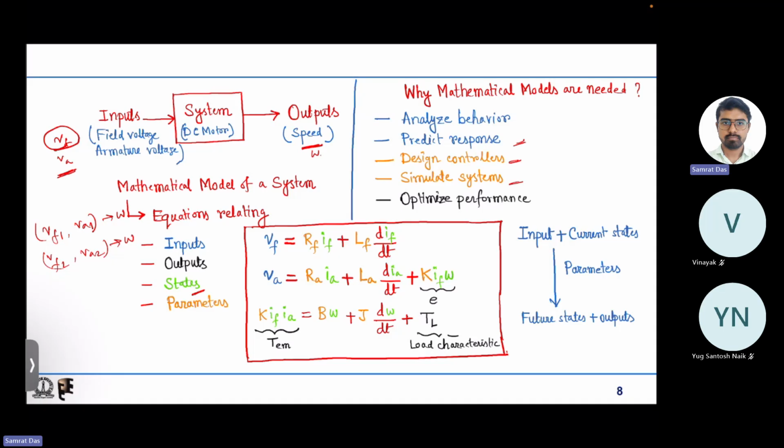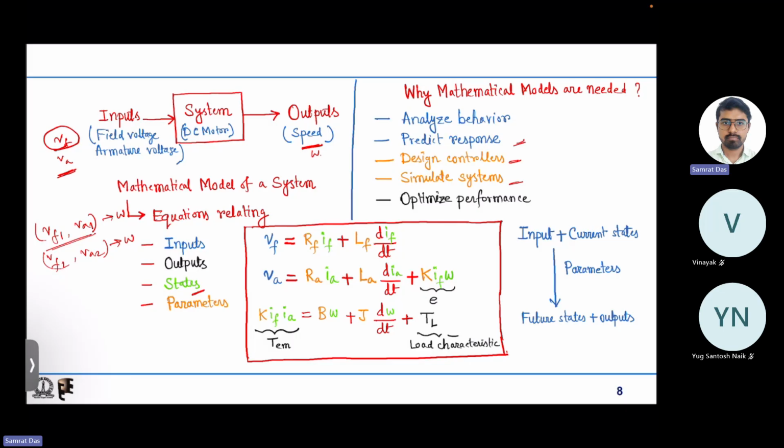If we have such a case, then a question arises: which set of inputs is better for us? Then it comes to optimization. Optimization is typically done by taking some cost function, which is typically efficiency, because efficiency is related to cost, the energy lost during operation. If we have some model of losses, then it is of interest to look at which set of inputs leads to a higher efficiency of the system.